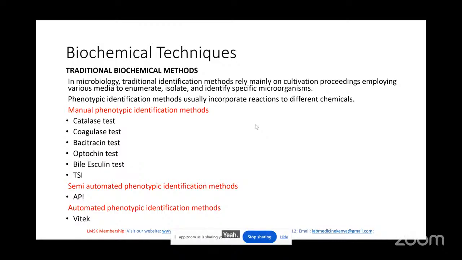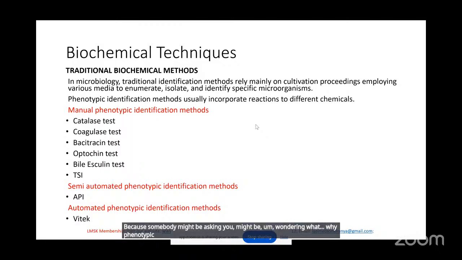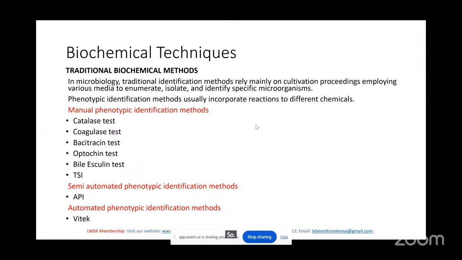So what do we know about phenotypes? Because somebody might be wondering why these are called phenotypic identification methods. The phenotype of a microbe can be viewed as an observable characteristic of that organism.